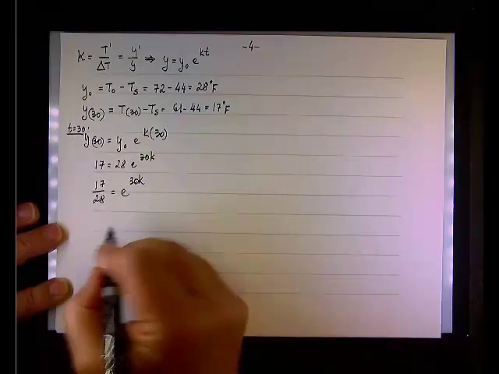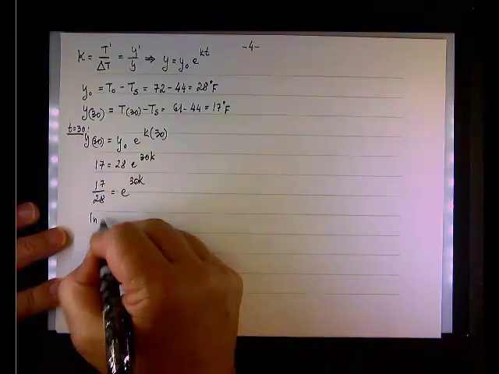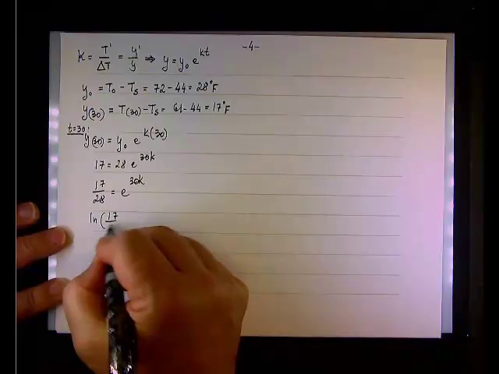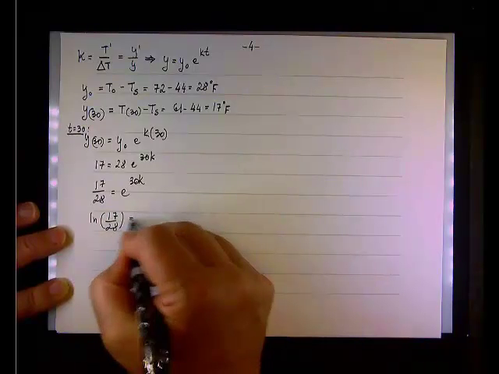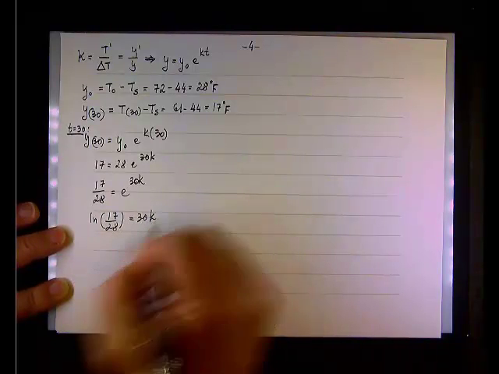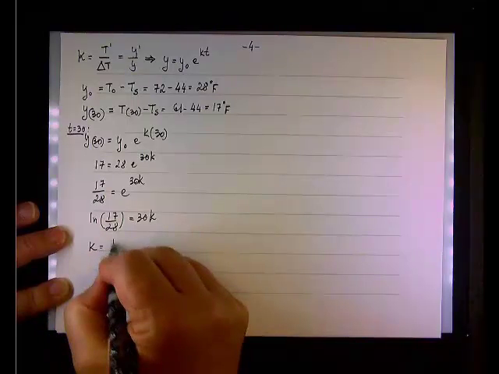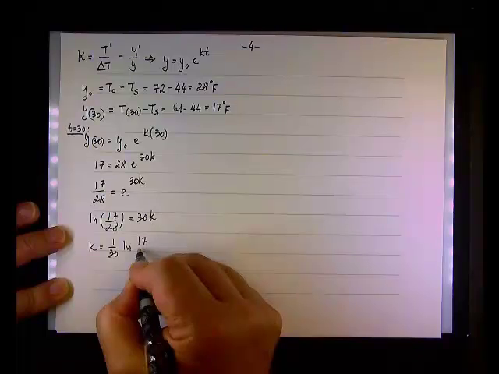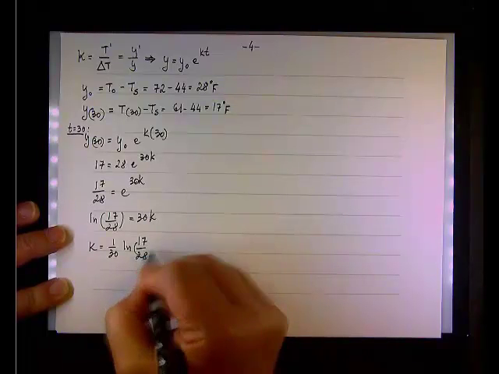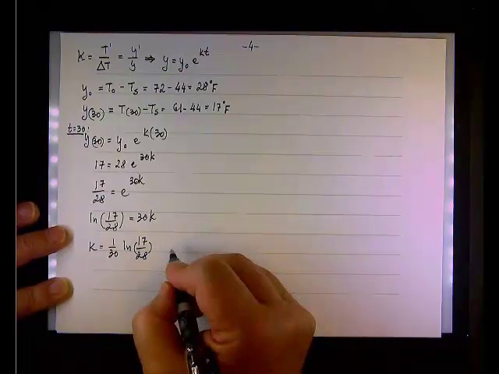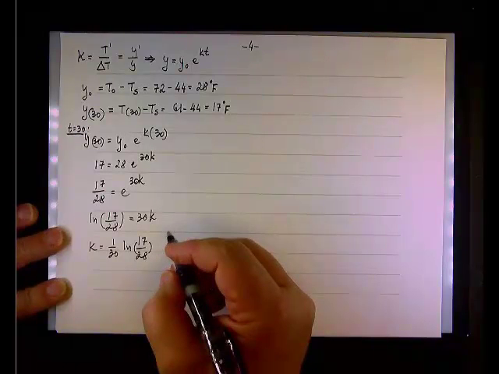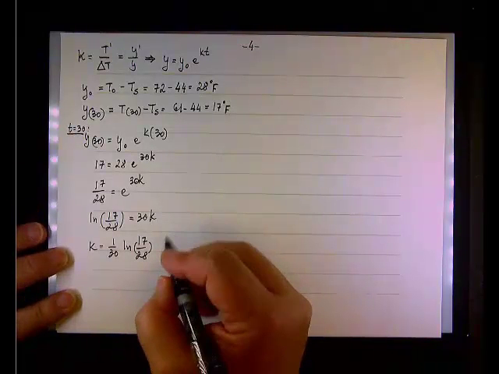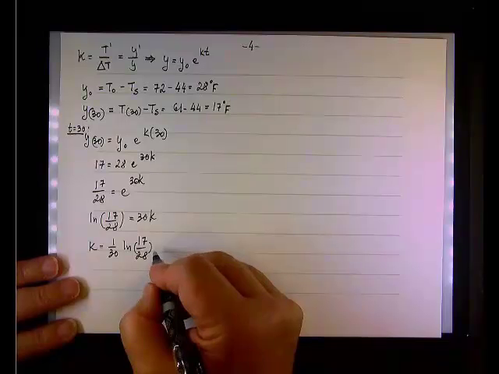And then we apply the natural log, and we have natural log of 17 over 28 equal 30k, and therefore k itself will be 1 over 30 natural log of 17 over 28, like so. And you plug it in the calculator, and you come up with a value.